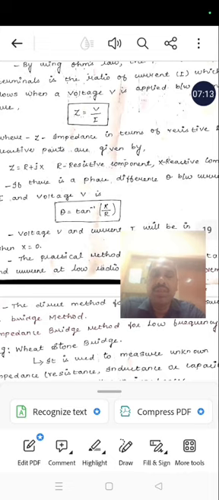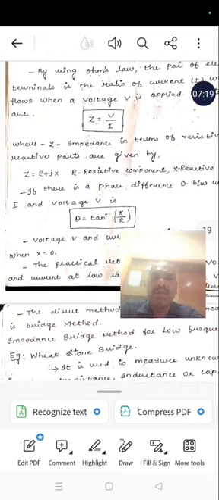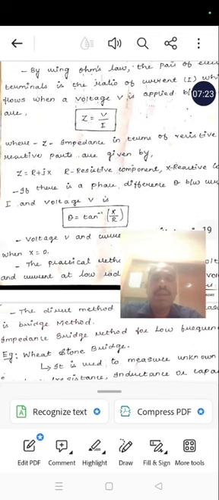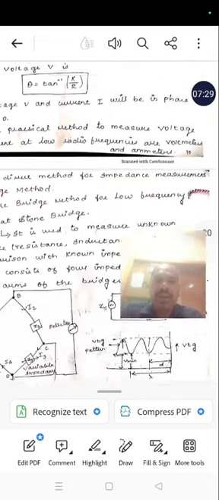Z is equal to R plus jX, where R is the resistive component and X is the reactive component. In terms of angle, theta is equal to tan inverse of X by R.